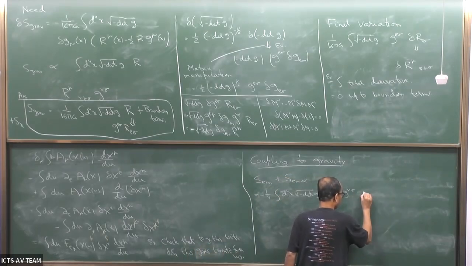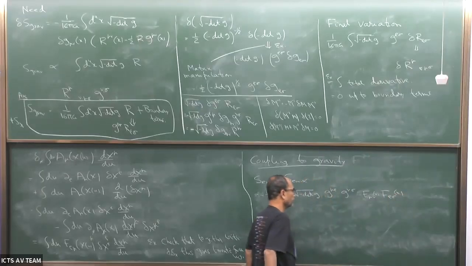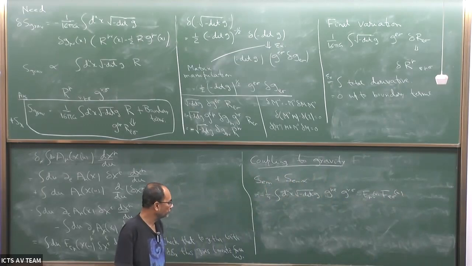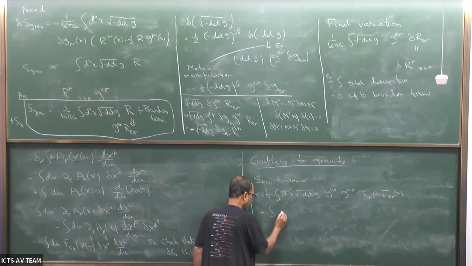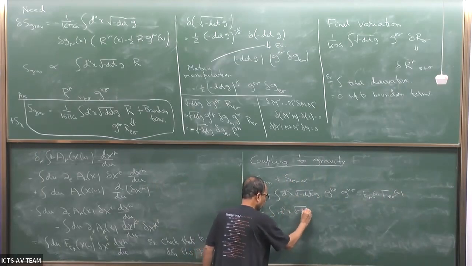F below. Plus, this one I can write in different ways: d4x square root of minus determinant g of x.